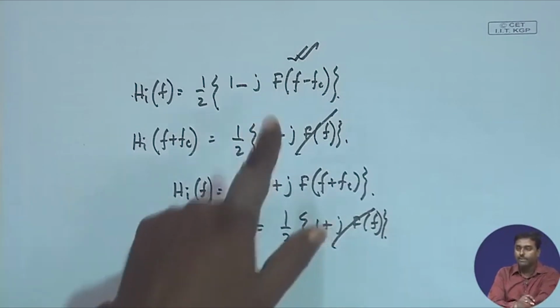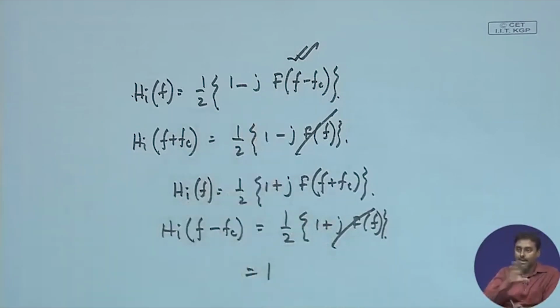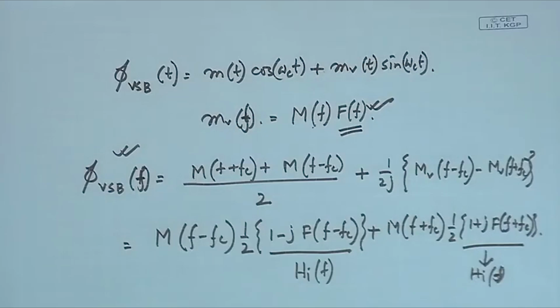If I just pass my signal through this filter, I will get the representation which is already proven for SSB-SC. I get almost similar representation for VSB-SC. So, that is why I can see now things are all consistent.